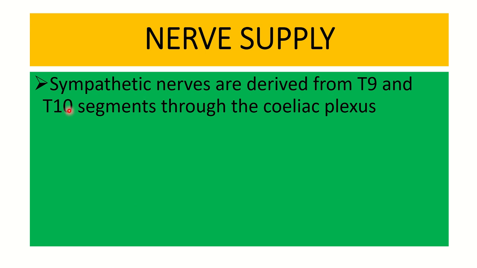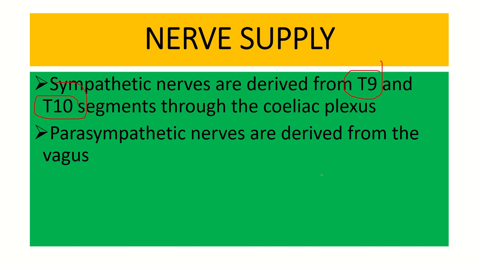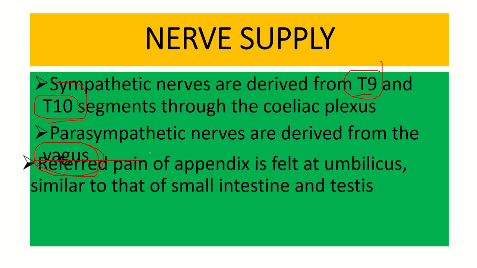And nerve supply, the sympathetic and parasympathetic nerve supply. The sympathetic nerve is derived from the thoracic 9 and thoracic 10 segments through the celiac plexus, and the parasympathetic is derived from the vagus nerve. So these two points are also very important to remember: the sympathetic nerve arises from thoracic 9 and thoracic 10, and the parasympathetic is derived from the vagus nerve.